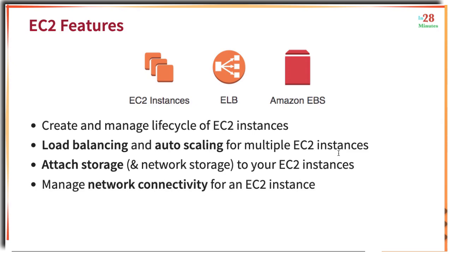You should be able to access the EC2 instance from inside the network or from the internet. So you would probably want something like a public IP address, a private IP address. All that kind of network connectivity EC2 service would allow for EC2 instances. In summary, EC2 service helps you to create EC2 instances, attach storage, distribute load to them, auto scale them, and manage the network connectivity for EC2 instances.